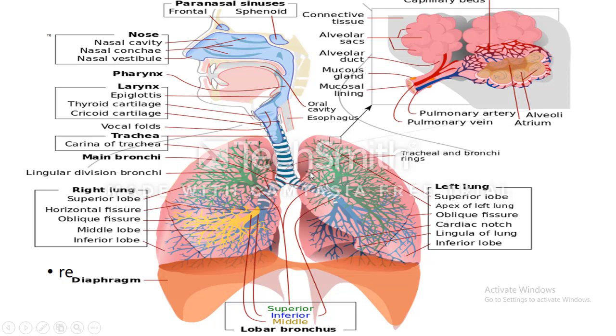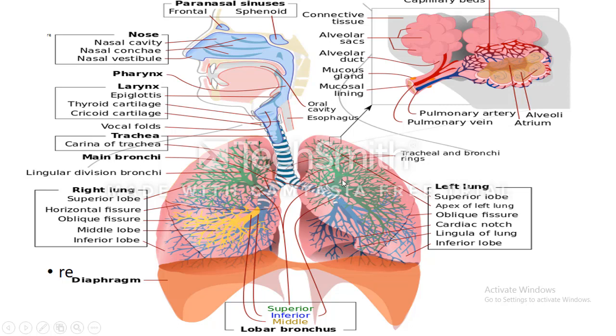Lung. Lung covered by pleura. And this pleura is divided two parts, visceral and parietal. Visceral formed lobe of lung. Lung have 5 lobes. Okay, 5 lobes. And this lobe divided to lobule.